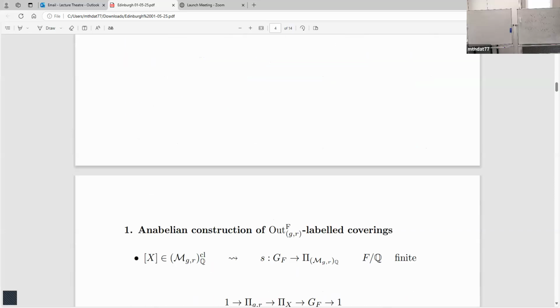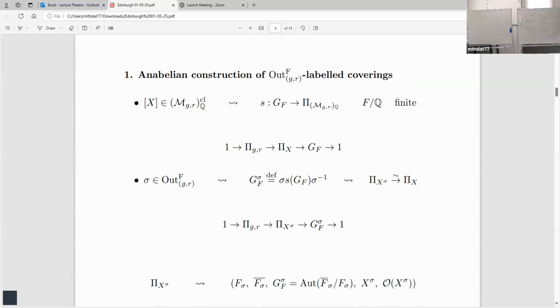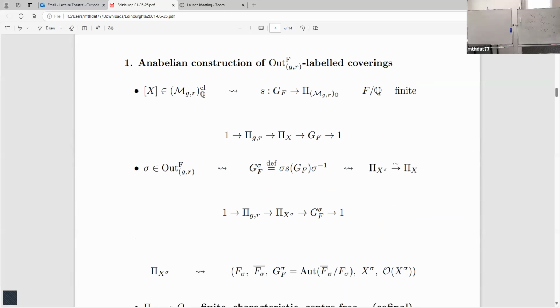So if you pull back this extension by this section, you get a group extension of G_F by π^Γ, which in fact is isomorphic to the arithmetic fundamental group of X. Then for any element σ of Out F^Γ, you can conjugate the image of this section by σ.